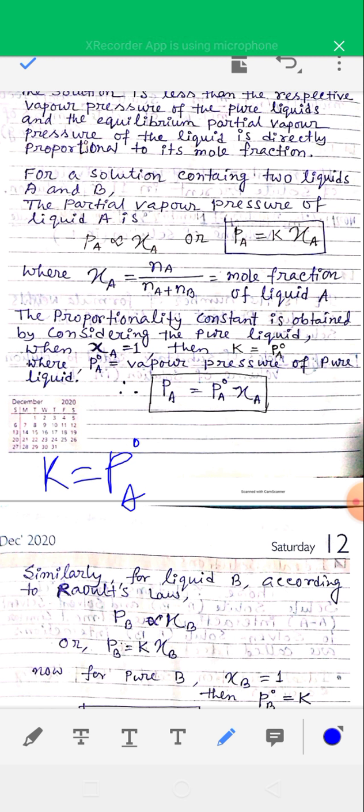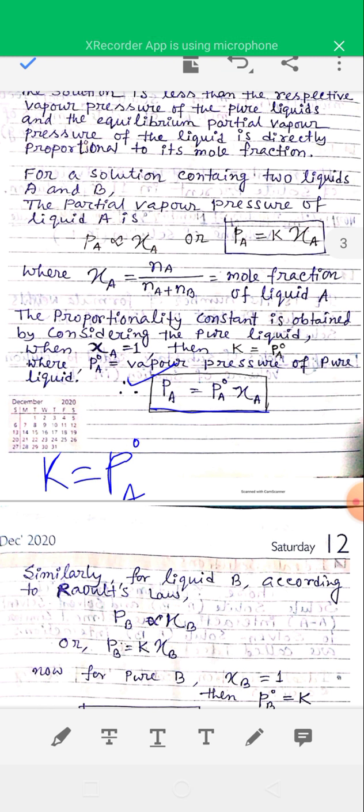So you can also write Raoult's law like Pa is equal to Pa naught into Xa, where Pa is the partial vapor pressure of liquid A in solution, Pa naught is the vapor pressure of pure liquid, and Xa is the mole fraction of liquid A in the solution.